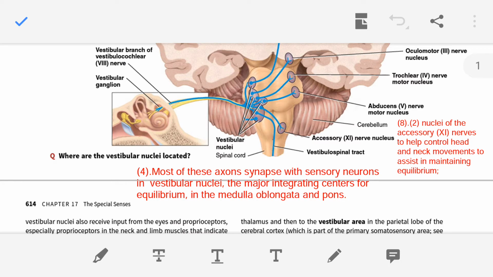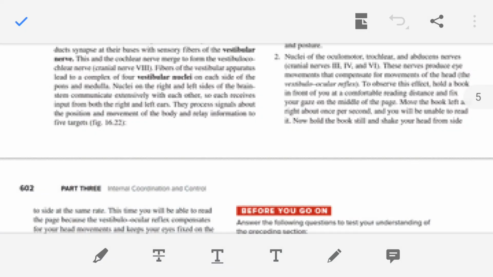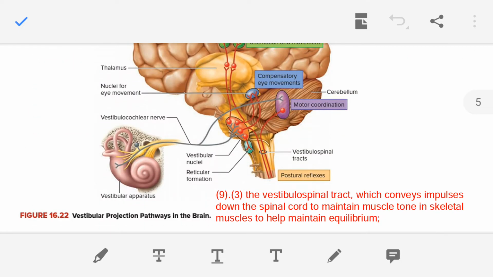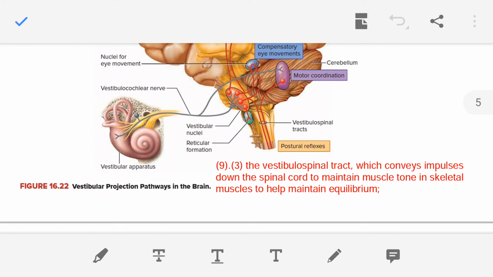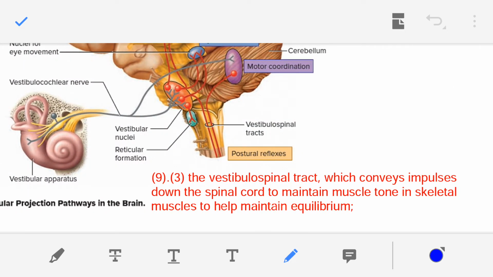Now we are discussing the ninth point: the vestibulospinal tract.